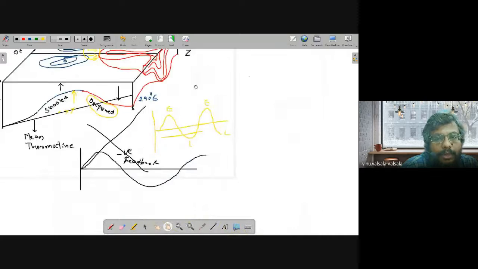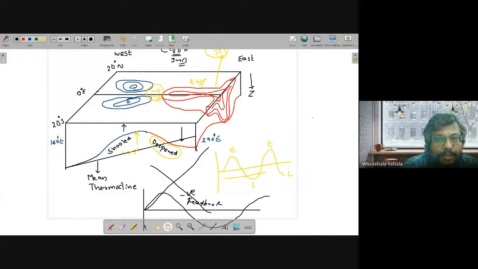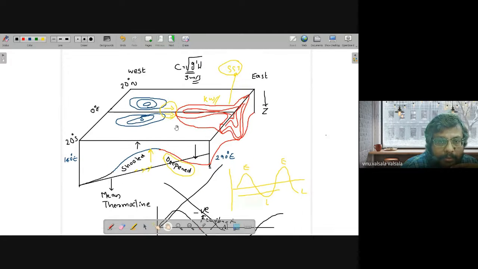According to the delayed oscillator theory, the delay raised by the time required for the waves to reflect from the boundaries will set up a negative feedback to the system, which brings the El Nino state back to a normal stage. So that is one interesting theory of El Nino.